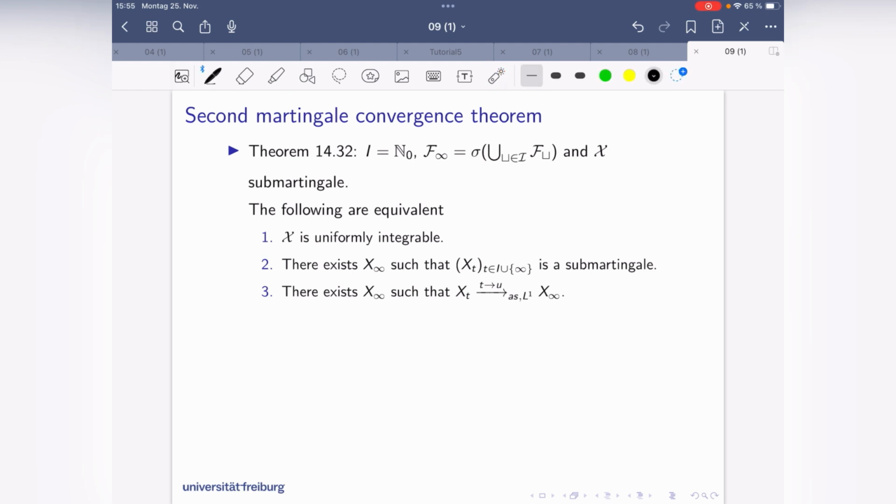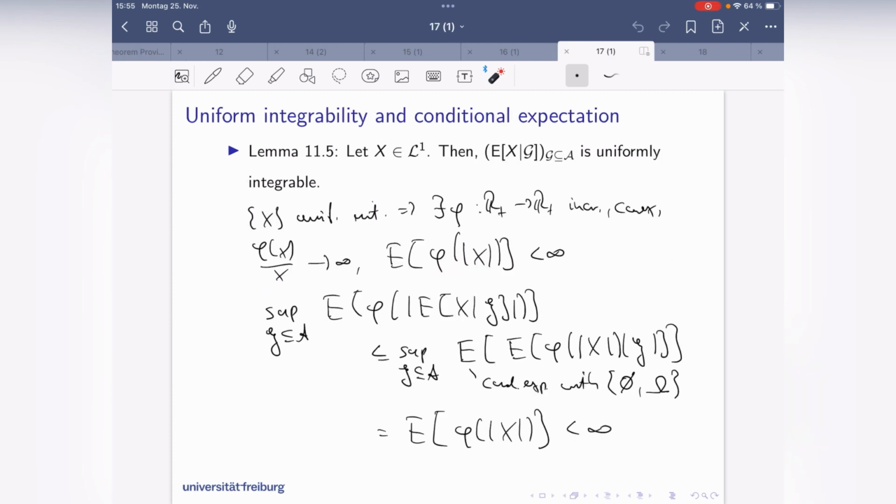So from 1 to 3, that's okay. Next thing which we can conclude is from 2 to 1. If there exists x infinity such that this here is a martingale, submartingale, then x is uniformly integrable. Here I recall something from last semester. Where do we have it? Here. We had, if I have x in L1, that all conditional expectations of this thing here form a uniformly integrable family.